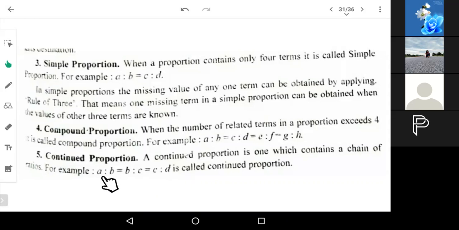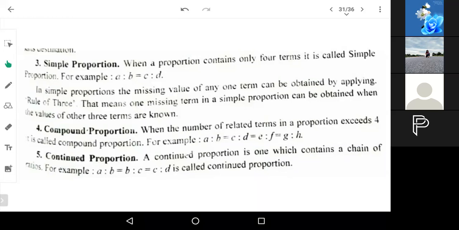So this can be a continued proportion. Earlier we understood about continued ratio, where we multiplied and we got the continued ratio, right? But here it is continued proportion, where A is to B, and then again it will continue with B, B is to C, again it will continue with C, C is to D, is called a continued proportion.